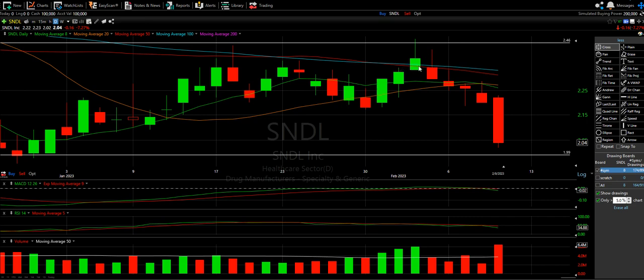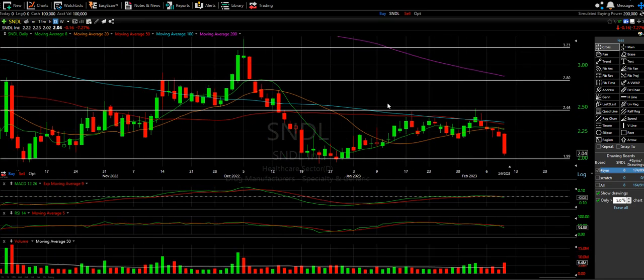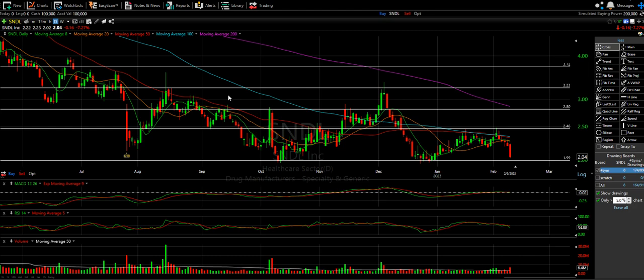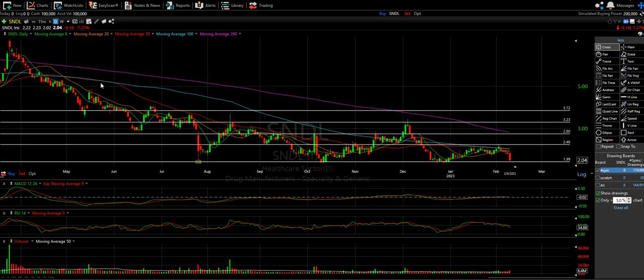This is the critical point right here, because as I zoom out, this 100 really hasn't been broken except for this moment right here. There were a few little things here, but clearly that's the only sustained uptrend break.